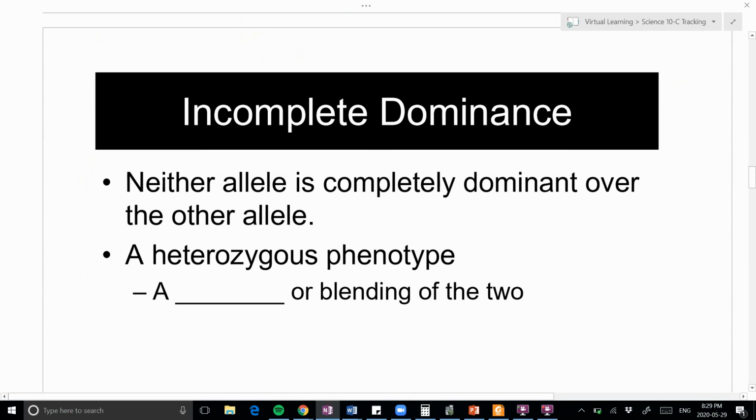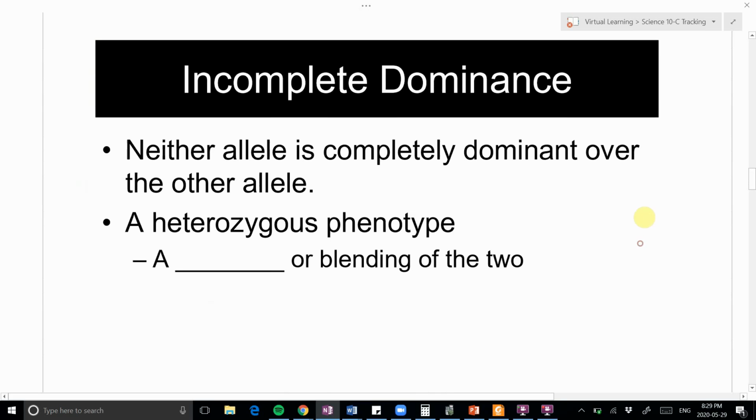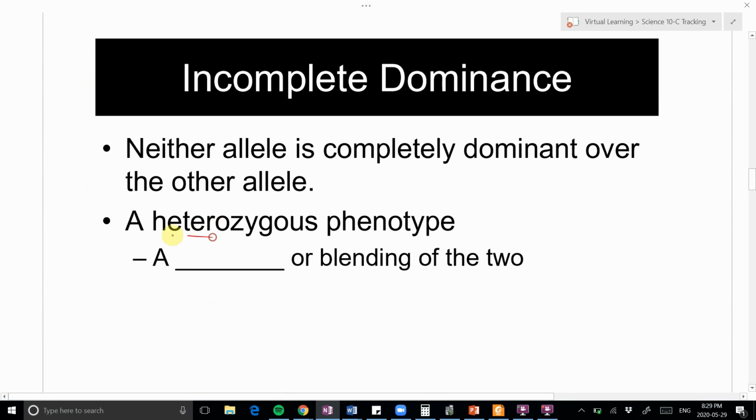So in incomplete dominance, neither allele is completely dominant. What that means is they're on an equal playing field. And so what happens there is they're kind of like friends. They work together and they meet somewhere in the middle. So with these, for a heterozygous, meaning different, right?